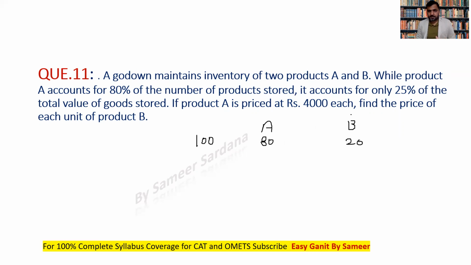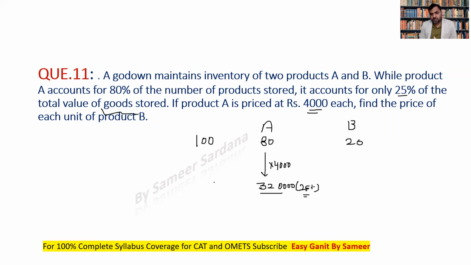Now, but it accounts for only 25% of the total value of the goods stored. Product A is priced at rupees 4,000. If every product of A costs 4,000 rupees, the total value of product A would be 80 times 4,000, that is 3.2 lakh. Now this is 25% of the total value.